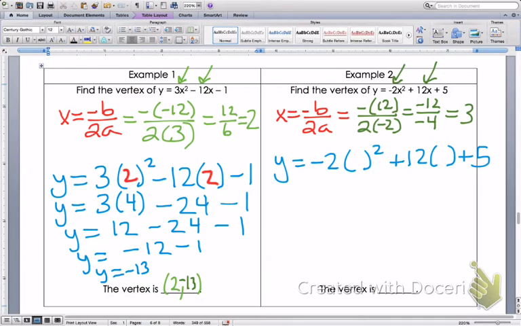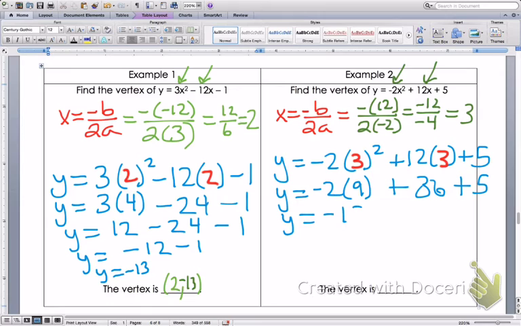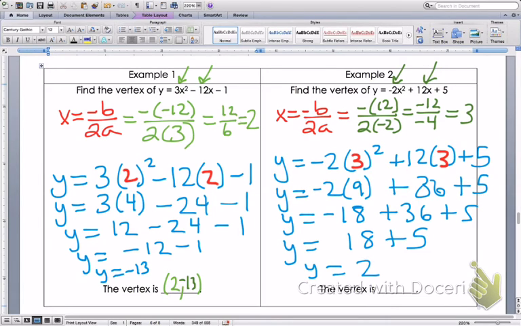I'm going to substitute my 3 into both x's. Order of operations, exponent first, 3 squared is 9, that's 36, and bring down the 5, 2 times 9, but negative 18, plus 36, plus 5. Keep simplifying. That's going to be 18 plus 5, which gives us 23. So our vertex here is 3 for the x value and 23 for the y value.